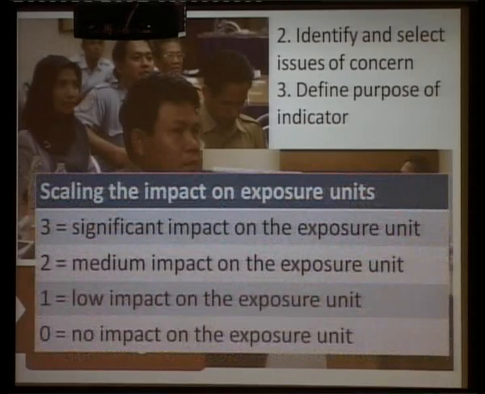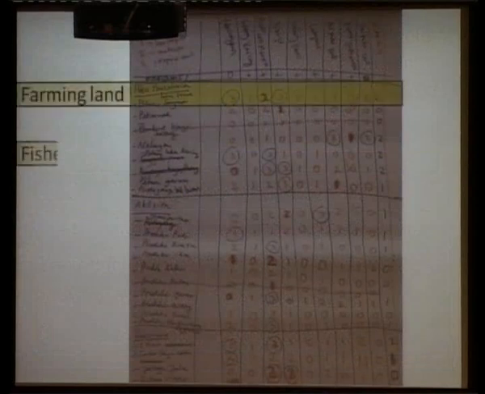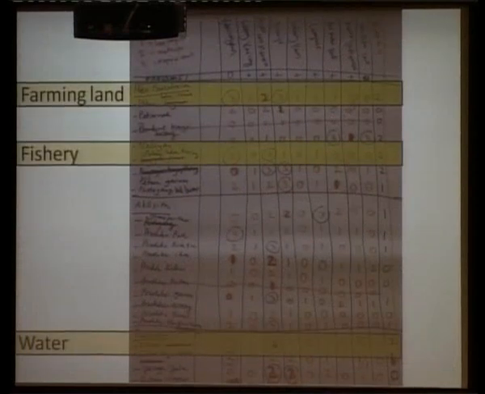The scaling is that 0 is no impact on the exposure unit, and 3 is most significant. One of the results is like this, and this shows the three most significant, most vulnerable sectors or units: farmland, fishery, and water.